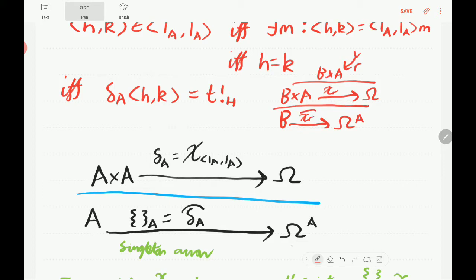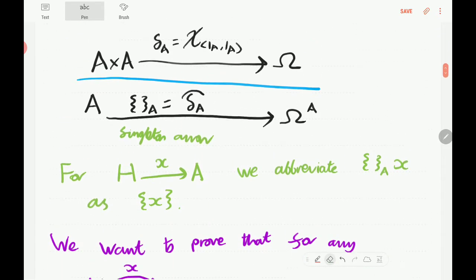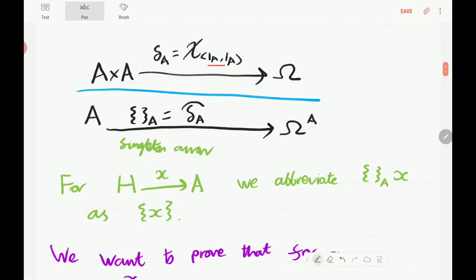So basically, what you can think of this as doing is sending every element of B to the set of stuff in A which is in this relation R to it. Now, in this case, our relation is this diagonal relation here. So you can think of this as sending every element A to the set of stuff in A which is equal to that element.